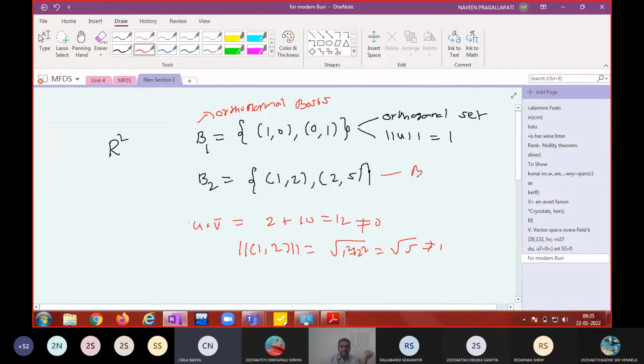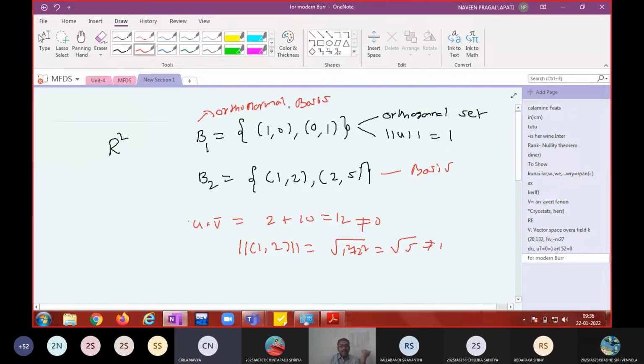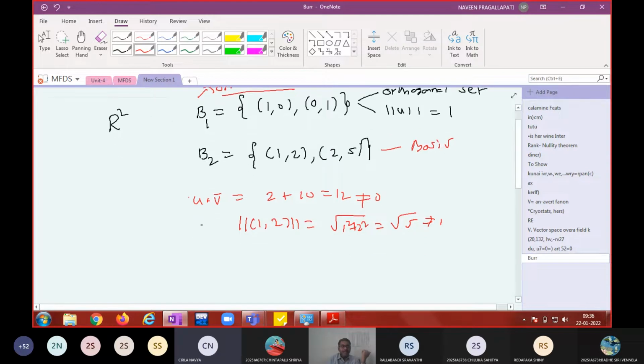Just a basis. So can you give an example of an orthogonal basis? The earlier one is an orthonormal basis. Can you give an example of an orthogonal basis? That means independent vectors. You should have two independent vectors, but the norm need not be one.